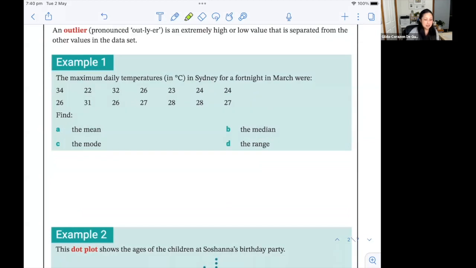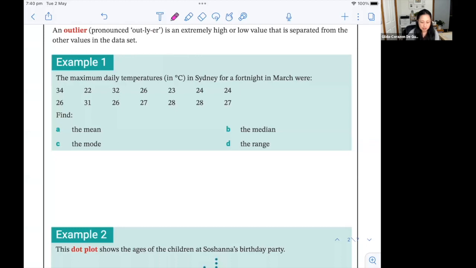Let me grab my calculator now. We're calculating the mean. We said to get the mean is really adding all the numbers together. So I have 34 plus 26. I really find it easier if I read the numbers going from top to bottom rather than going across, because sometimes I miscount or forget where I'm at.